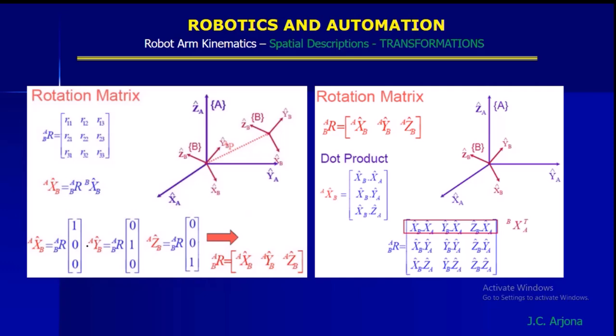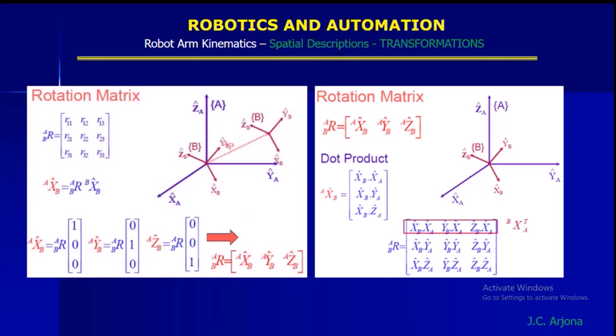While the YB to A is again the rotation multiplied with 0, 1, 0. The ZB to A is the rotation multiplied with the 0, 0, 1 matrix. And summarizing the rotation, our rotation from B to A is equal to the respective rotations XB to A, YB to A, and ZB to A.